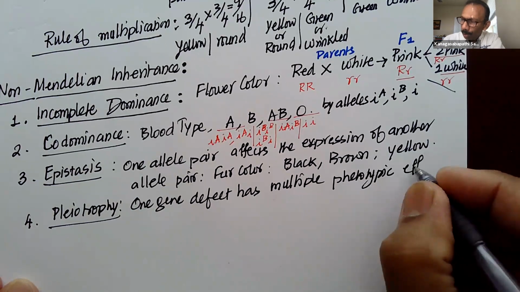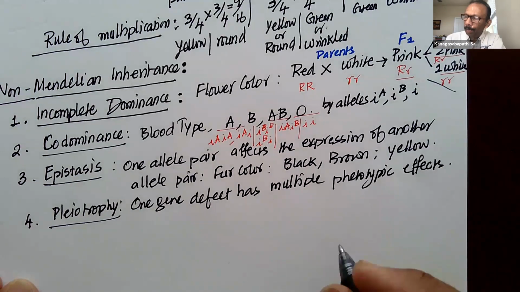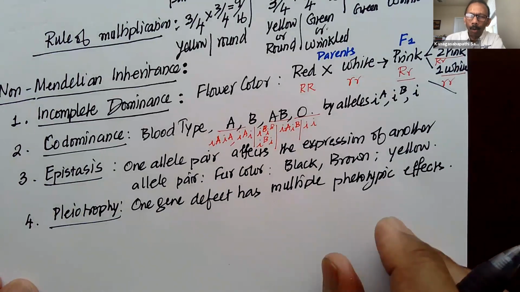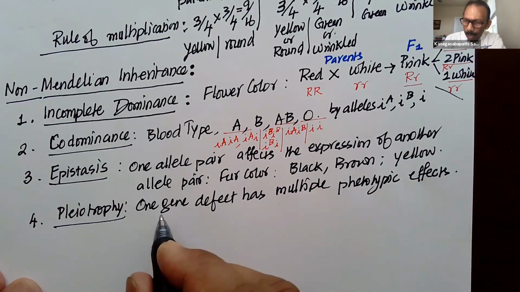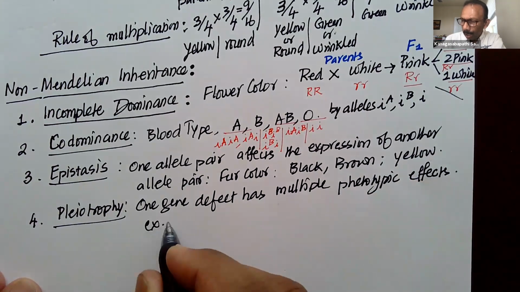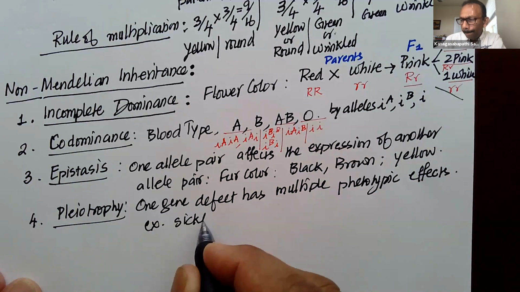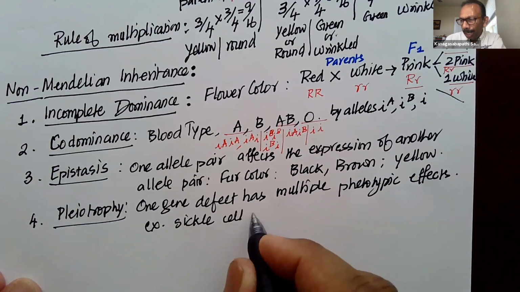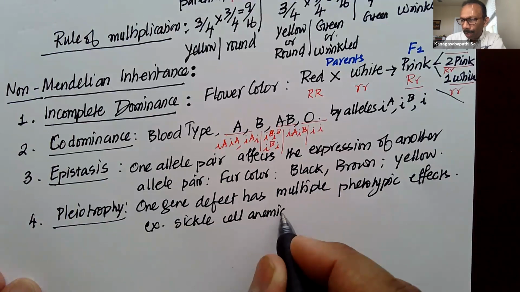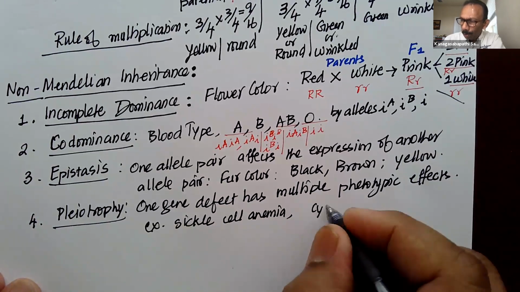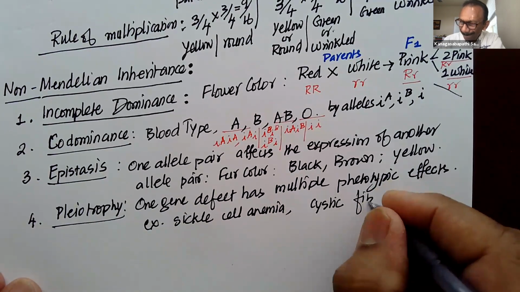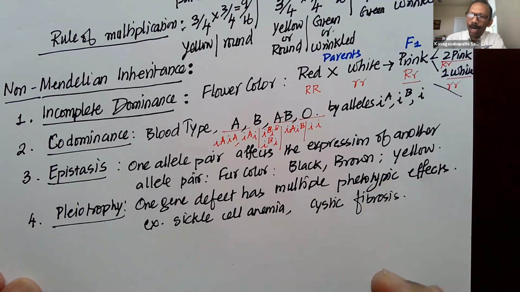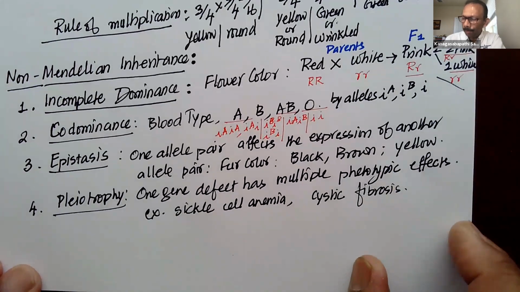Before, with flower color, seed color, and seed shape, one allele affected one characteristic. Here, it's one defect, multiple effects. An example is sickle cell anemia. Just one gene mutation makes a huge difference. Also cystic fibrosis. There's one gene defect in a chloride ion channel in the lung that makes a big difference.